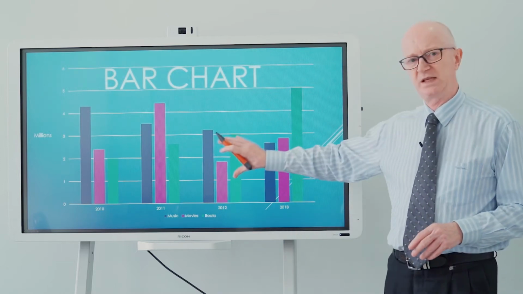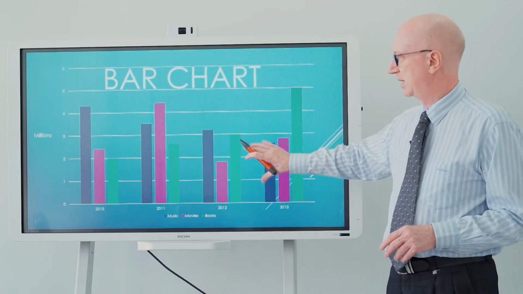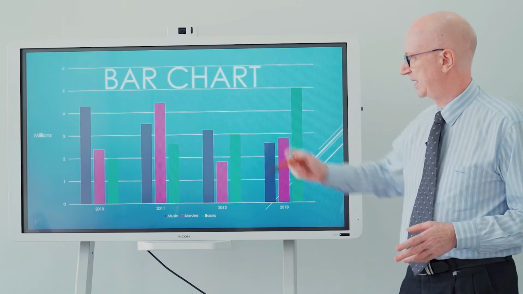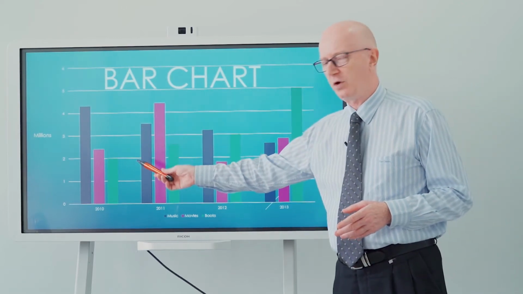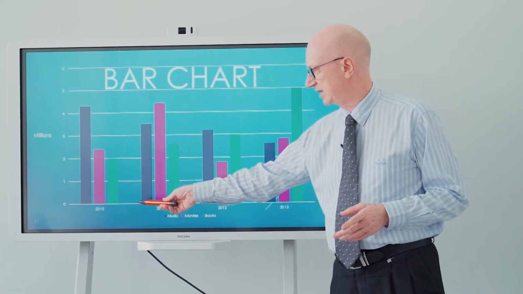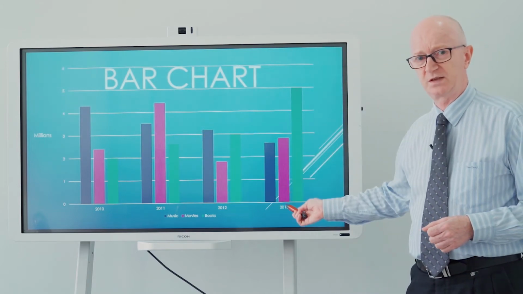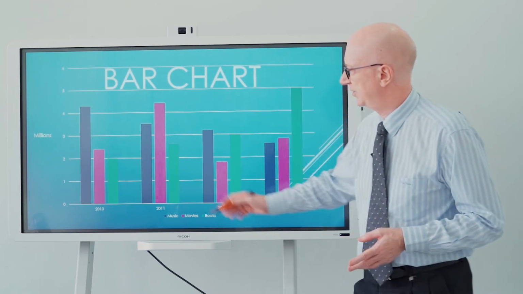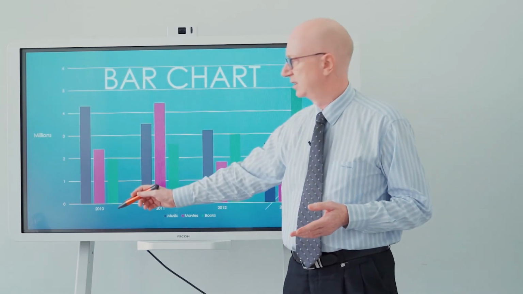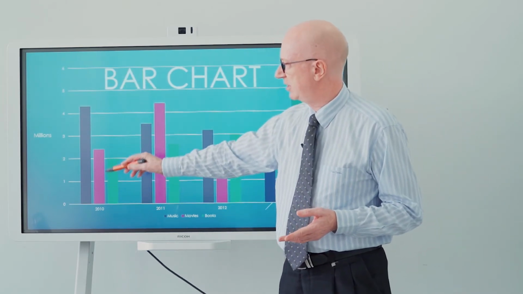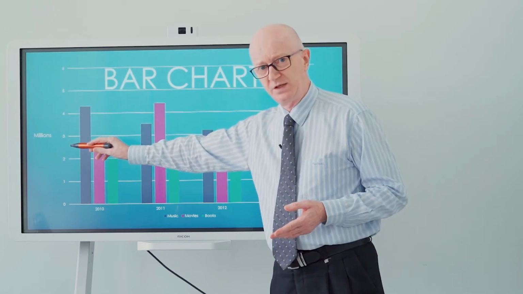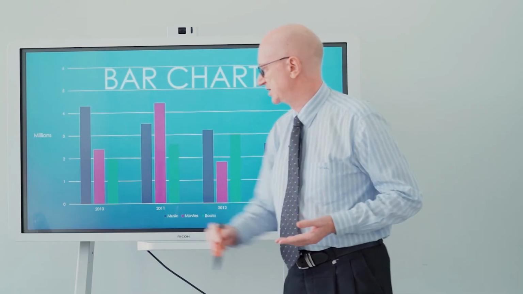We can see a basic bar chart here. It's split into 4 separate years: 2010, 2011, 2012, 2013. On the vertical axis, we have numbers 0 to 5, represented in millions.